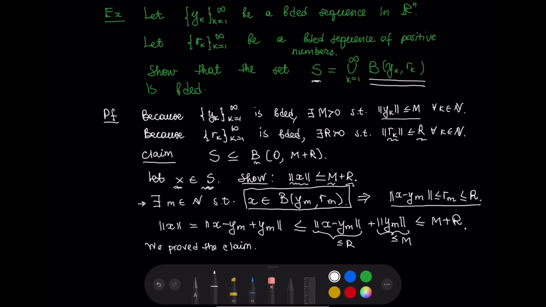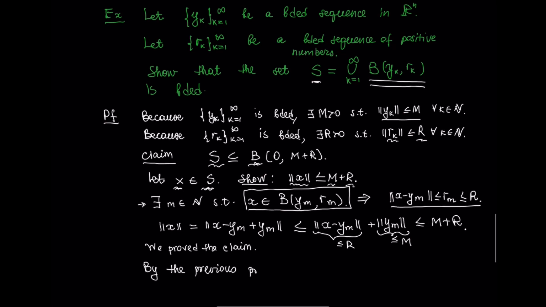And now, because the set S is contained in a ball of finite radius, by the previous proposition, S is bounded. And that finishes the proof.